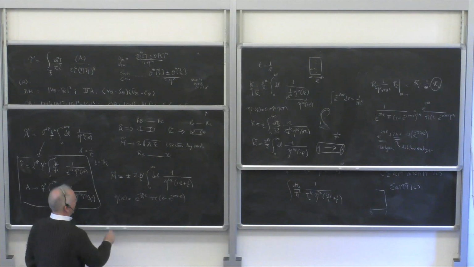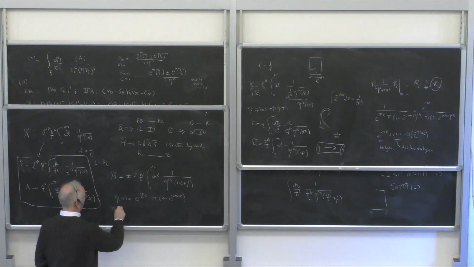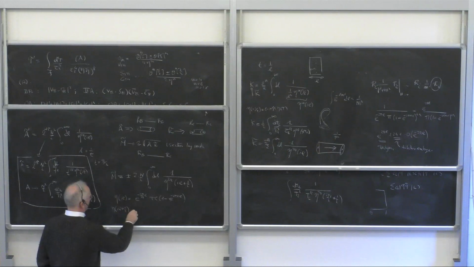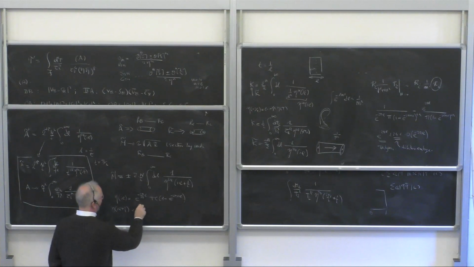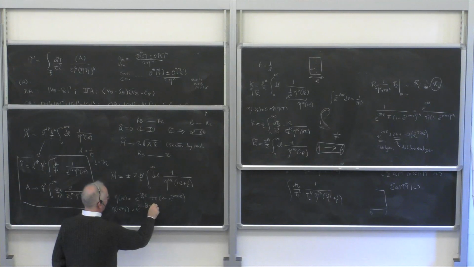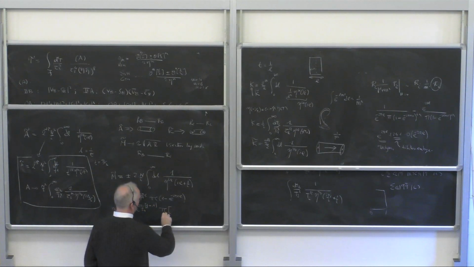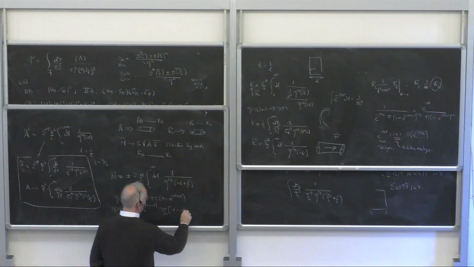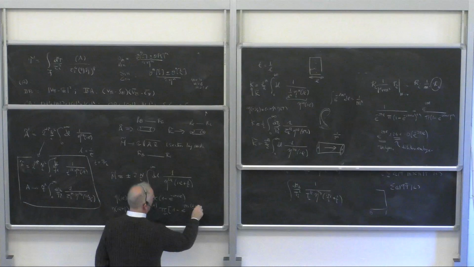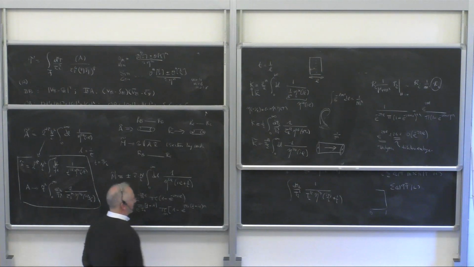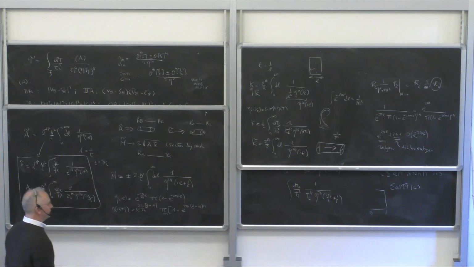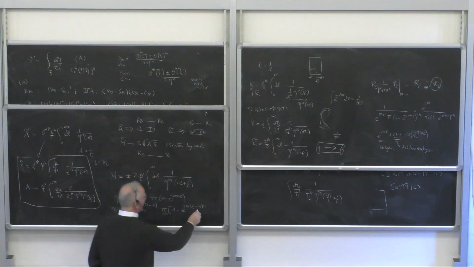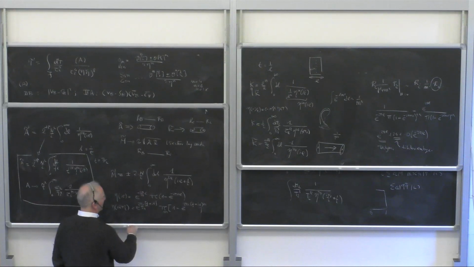What is eta of il plus 1/2? It's e to the 2 pi i, let me do it like that, 1/2 plus il, but divided by 24. Product on n, 1 minus e to the 2 pi i, 1/2 plus il times n. So let's look at it more closely. I continue to write it here.